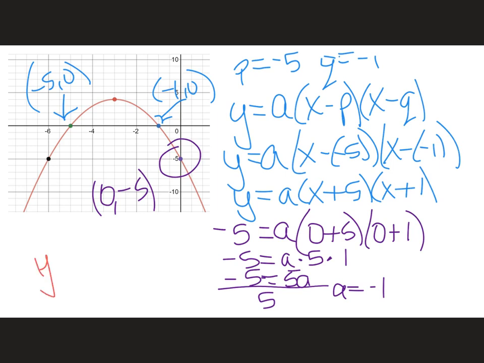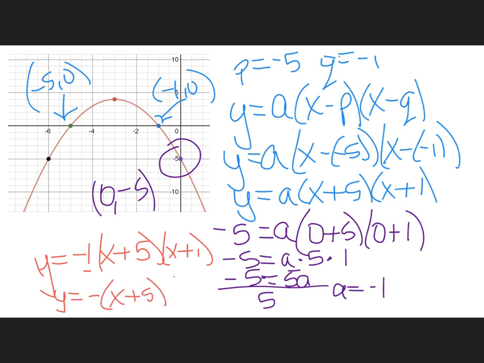So y equals negative 1 times x plus 5, x plus 1. And it wouldn't have mattered if I had said x plus 1 times x plus 5. It doesn't matter which one comes first. I don't really have to show this 1, so it may just show up as negative, and then x plus 5, x plus 1.